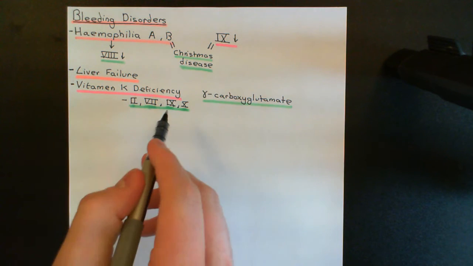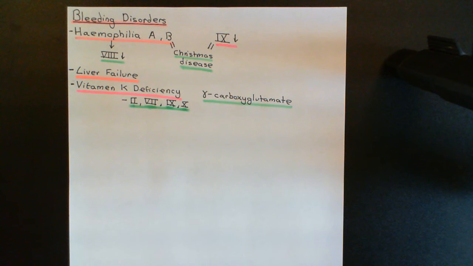All of these have this special amino acid, gamma carboxyglutamate, and moreover, this amino acid is extremely important for binding to those calcium ions, which then also bind to the phospholipids of the activated platelet surface.